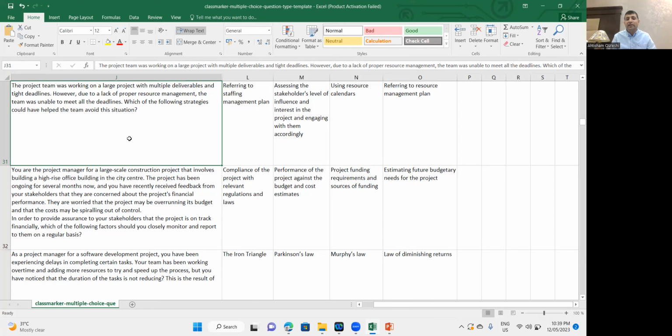I agree with you that it is slightly pointing towards the resource management plan, but only if the situation was due to motivation, lack of training, or lack of skill set would we say that planning went wrong or management went wrong. But here, it is more of a missing the deadline. So, what do you think, guys?